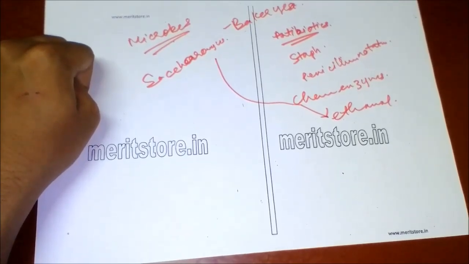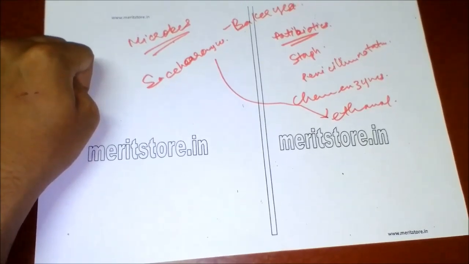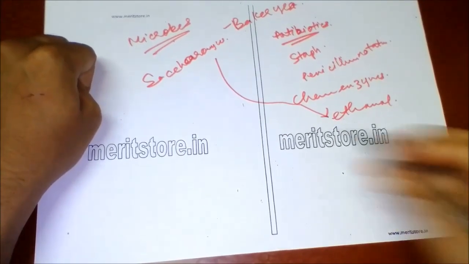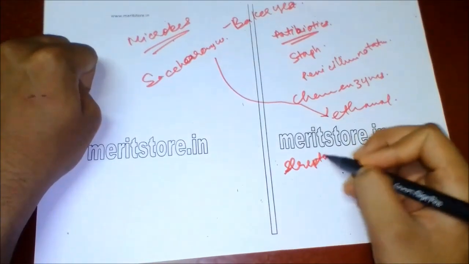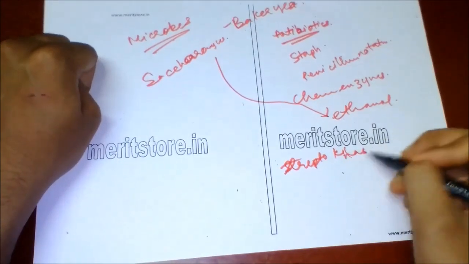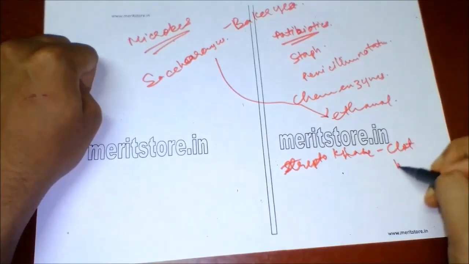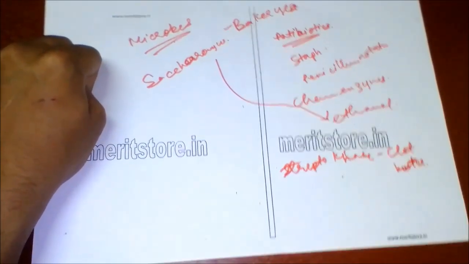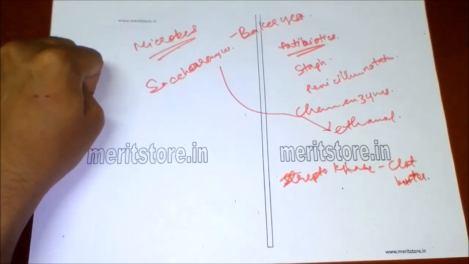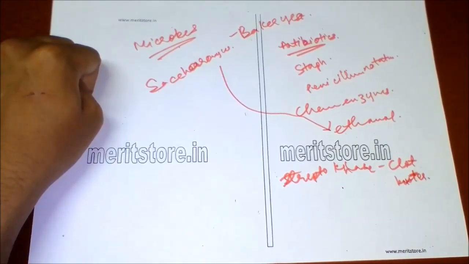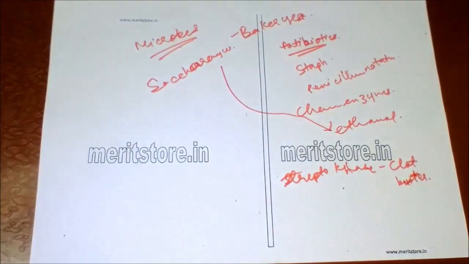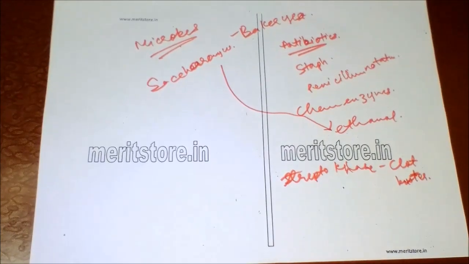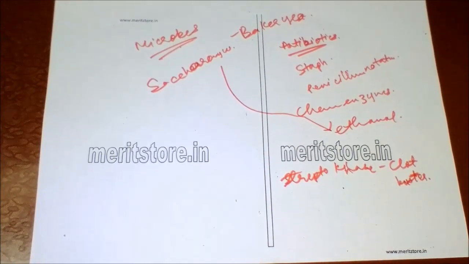Streptokinase is produced from the bacterium Streptococcus, modified by genetic engineering, and used as an enzyme clot buster. Then cyclosporin A is a bioactive molecule used as an immunosuppressive agent in organ transplant patients. Then there is the use of the fungus Trichoderma polysporum. Statins are produced by the yeast Monascus purpureus.